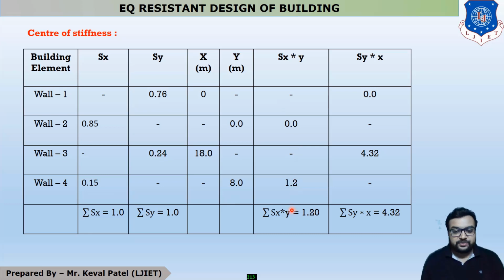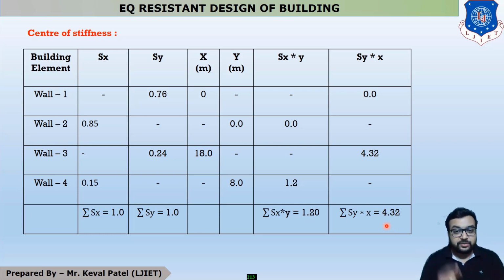So the summation is 1.2. And this is Sy into x: your Sy is 0.76 and x is 0, so 0.76 into 0 is 0, and 0.24 into 18 is 4.32. So our summation is 4.32.